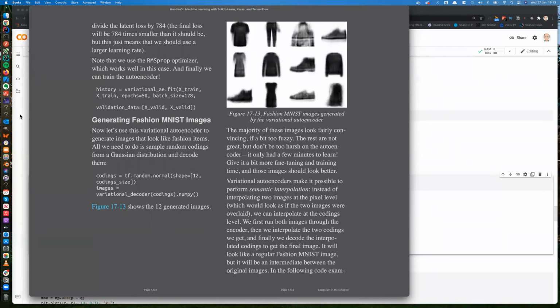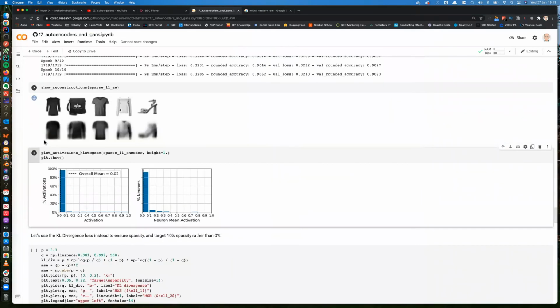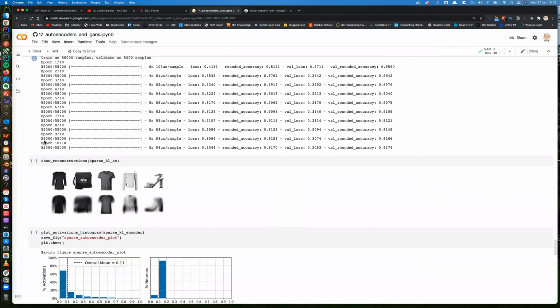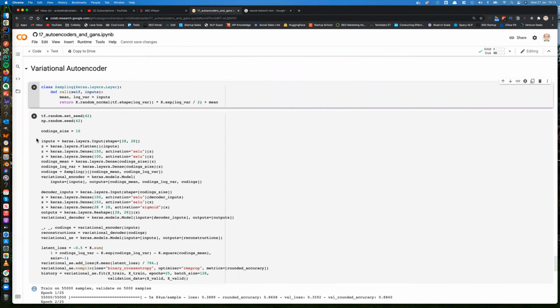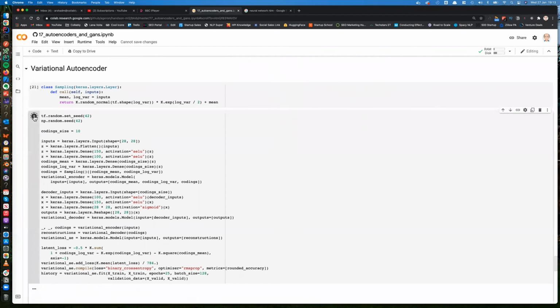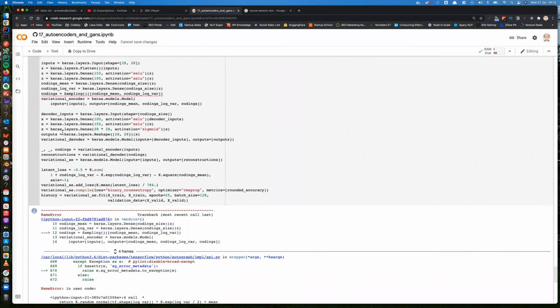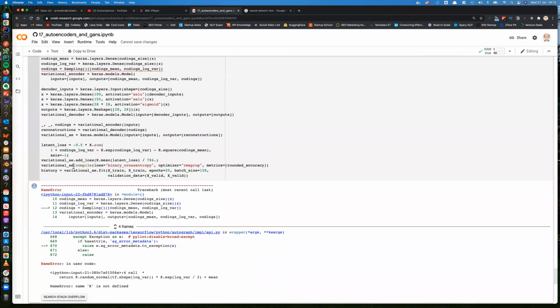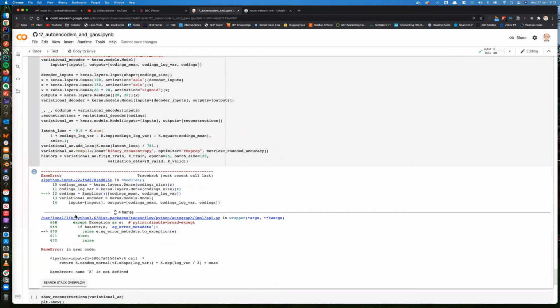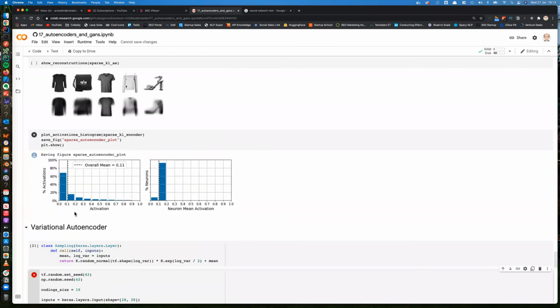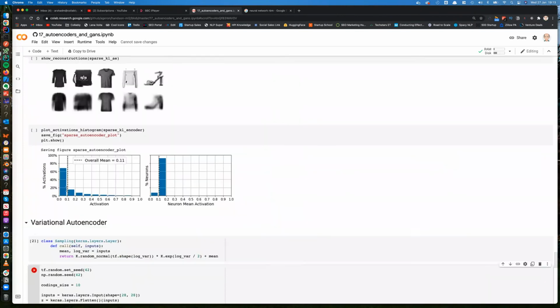Let's have a look at the code. Maybe we can run it. So that's that bit, the variational autoencoder. This is the sampling part, and then we set the TensorFlow seed and the random seed. Oops, what error was that? Codings equals... Okay, K is not defined.